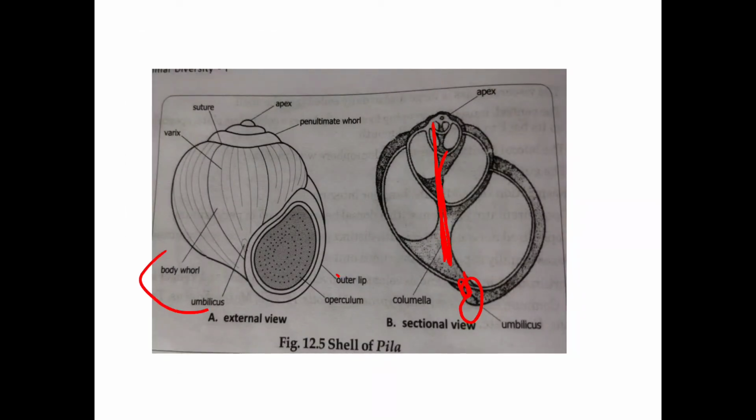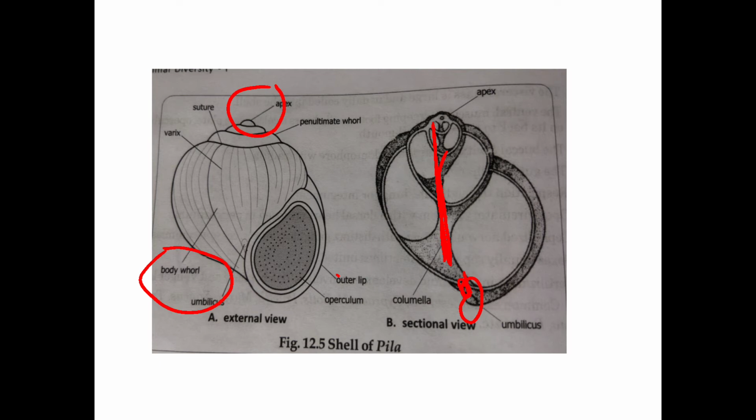Each coiling is called a body whorl. The smallest whorl is present at the apex, in the top portion of the Pila. It is called the apex, and it is developed from the protoconch of the larval form.